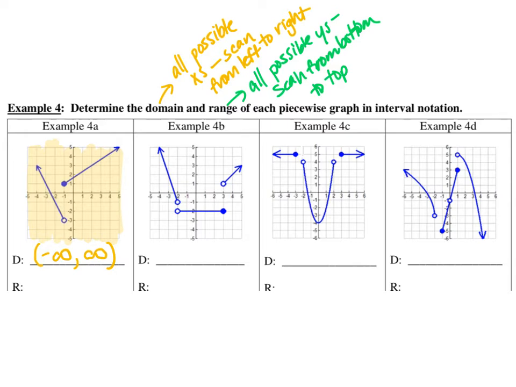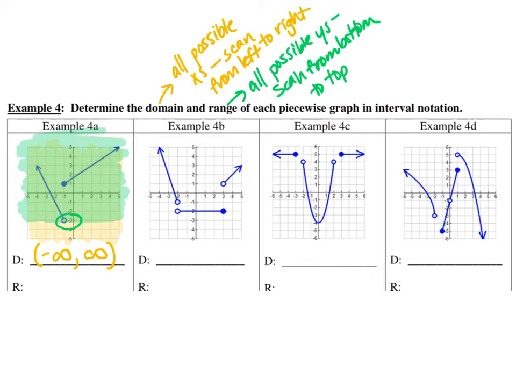Now let's take a look at the range. So range, we scan from bottom to top. Now we don't begin the graph until this section here. And we can continue moving up because these graphs all touch all of these y's, and they continue moving up to positive infinity. So the lowest y that our graph is able to hit is -3, but notice that this is an open dot.